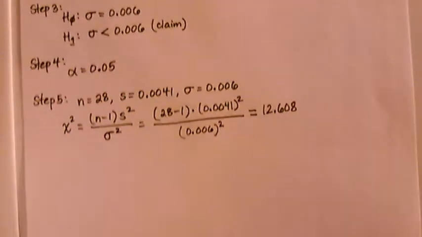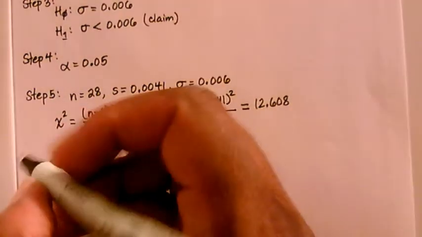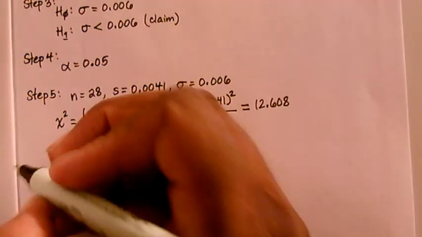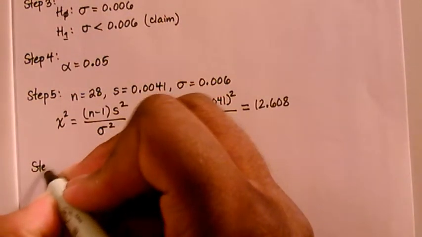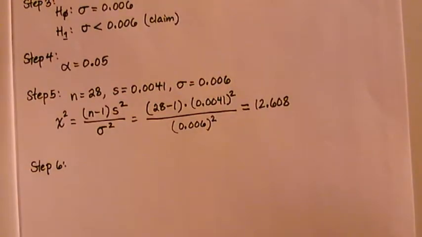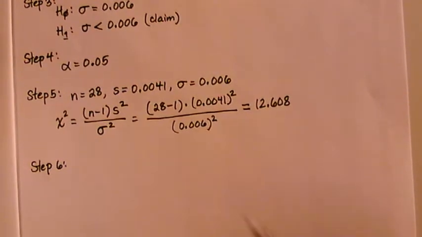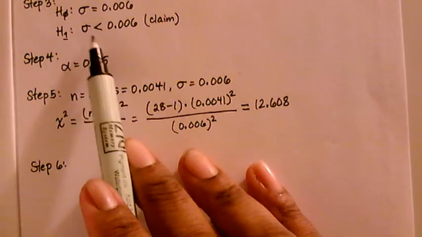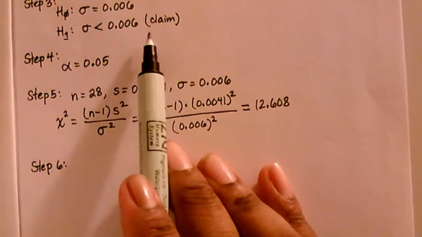Now step number 6 is finding the p-value. In the homework you will be told whether to find the p-value or the critical value, but here we're going to find the p-value. Now let's look at our alternative hypothesis here. It says sigma is less than 0.006.